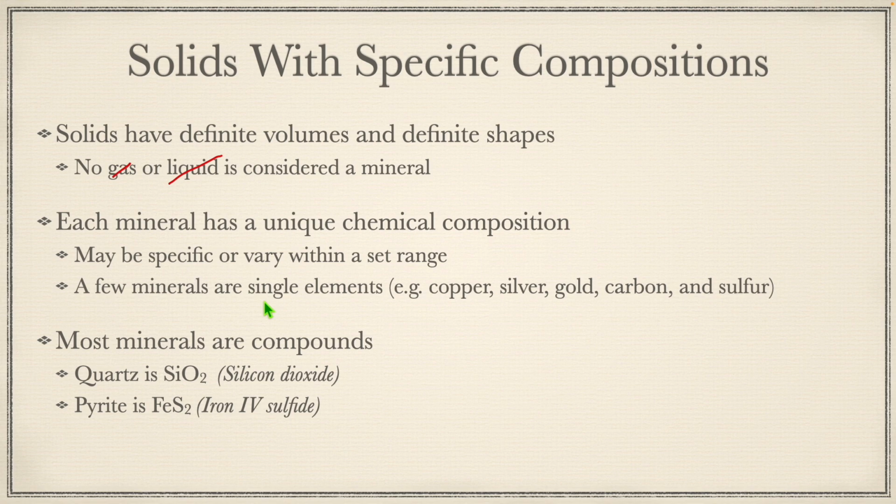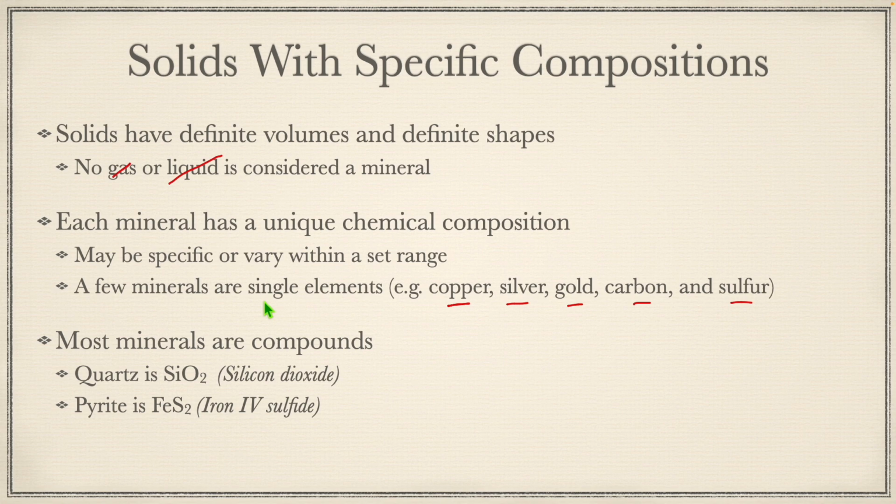Each mineral has a unique chemical composition. Now this may vary slightly within a specific range of elements that make up this composition, but it doesn't vary a whole lot. A few minerals are single elements, things like copper and silver and gold, carbon, sulfur, etc. Some of these are found as single elements. So most minerals are compounds.